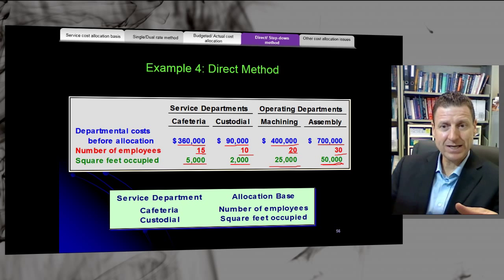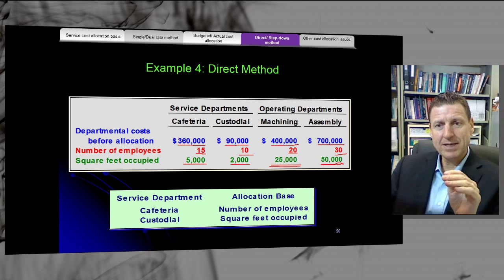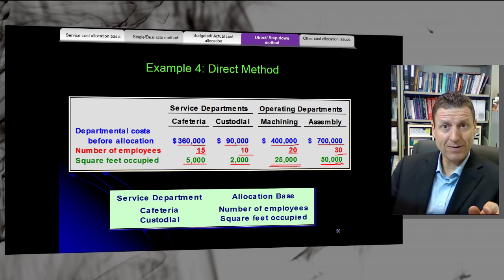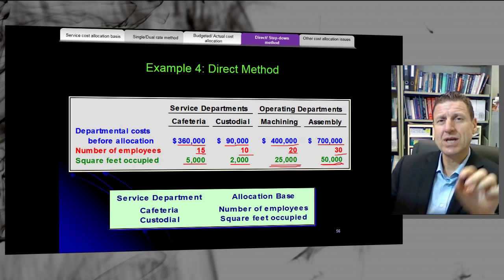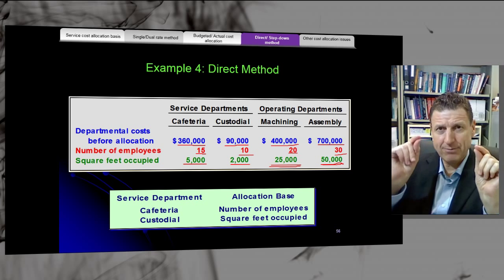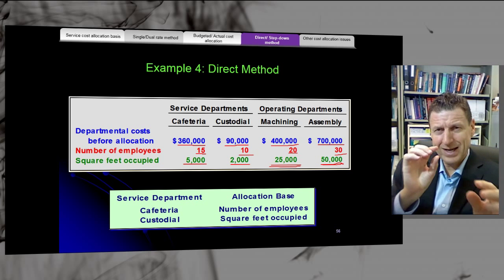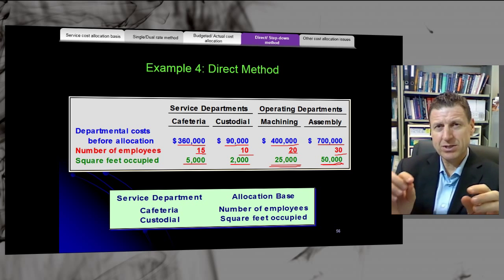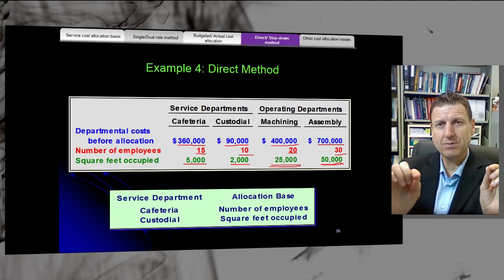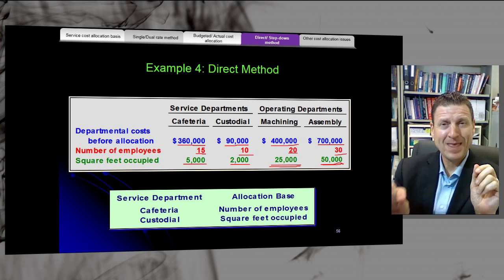Compared to machining, which is only 25,000 feet, you can imagine that assembly is going to get a larger proportion of the custodial resources than machining. So even before you start to do calculations, you need to think. Step one, you need to think, what is the nature of the relationship in terms of the resources that are likely to be consumed from the service departments by the operating departments?